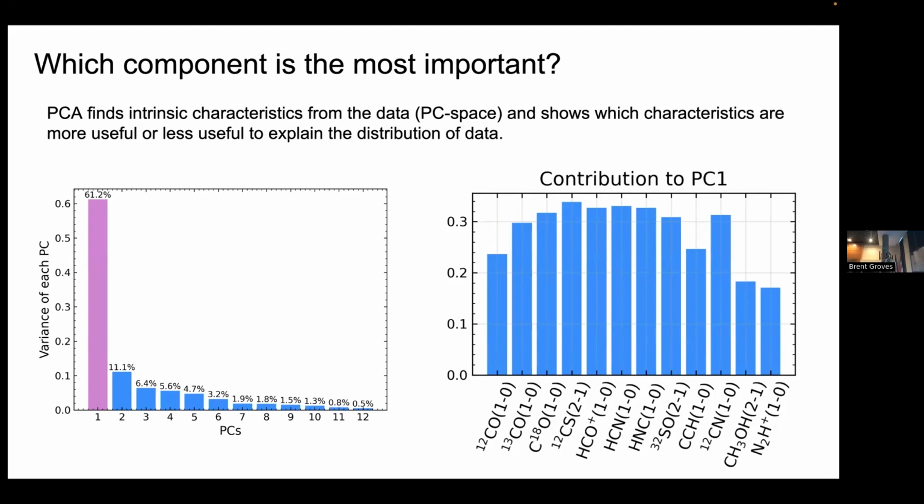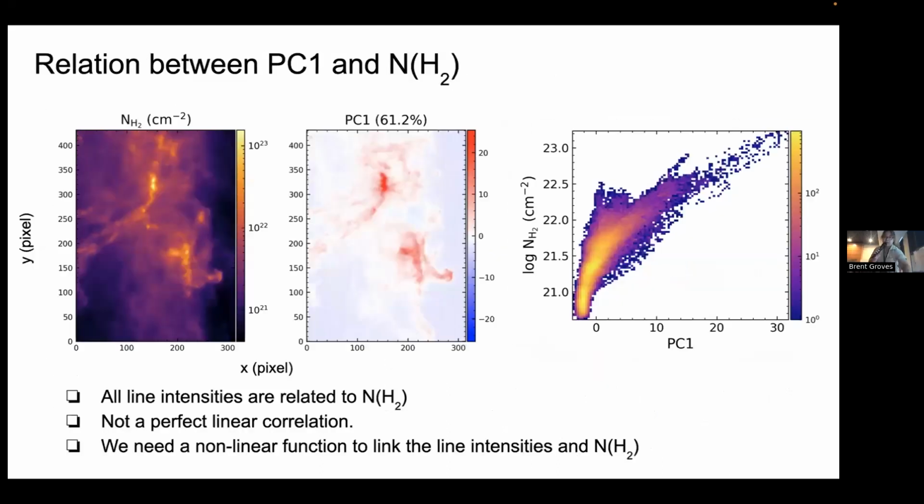In the right panel, we can see that all 12 lines contribute to PC1 in a positive way and in a quite similar amount. Next, we compare the 2D distribution of PC1 with the 2D map of the column density. Here we can directly see that PC1 traces the column density information, which means that all 12 line intensities are related to the column density.